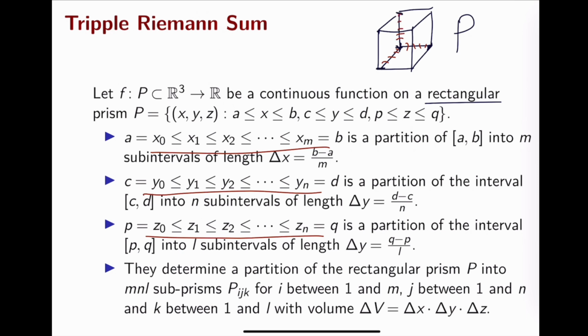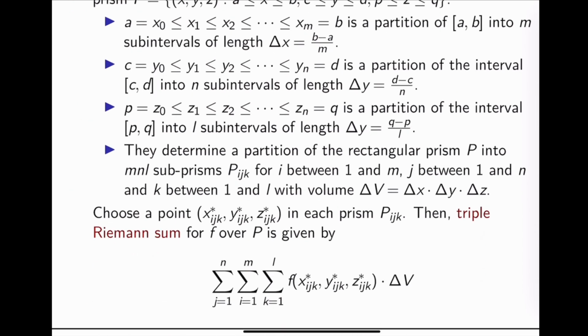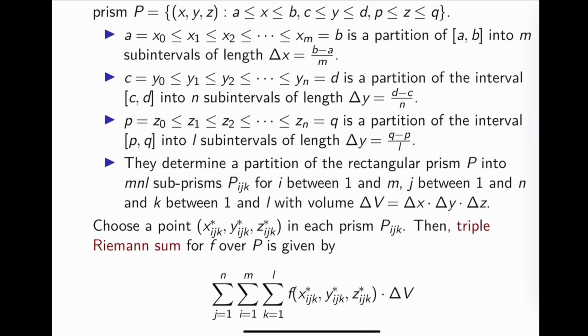And then the 3 together are going to determine a partition of the whole prism. And we're going to have that the differential of the volume is just the multiplication of these 3.